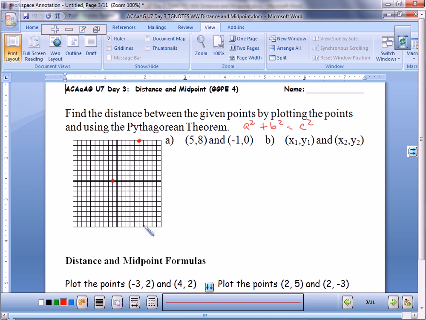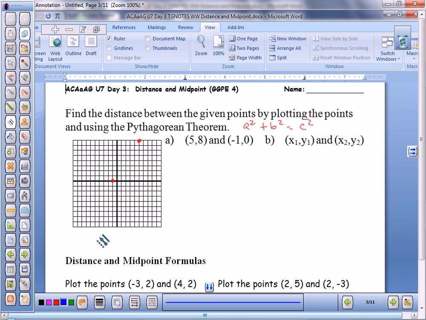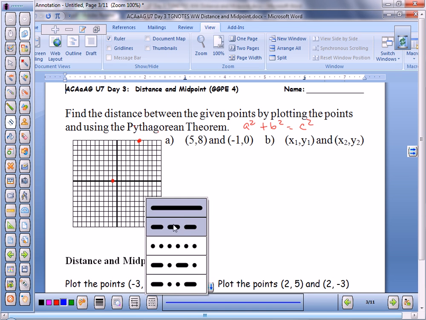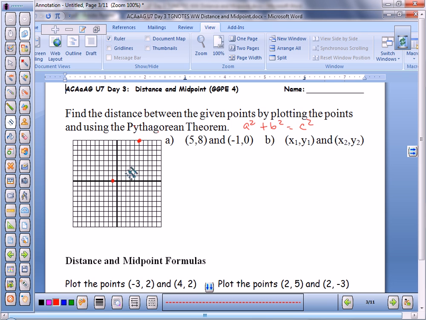Yes. All right, now what we're going to do is form a right triangle out of this so that we can use the Pythagorean theorem. The way we would do this is we would do the horizontal distance from this point to this point. So I'm going to draw a line that goes the horizontal distance from here to here. And then the vertical distance from there up.